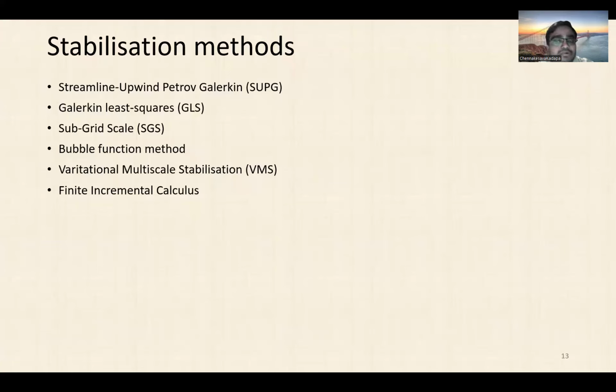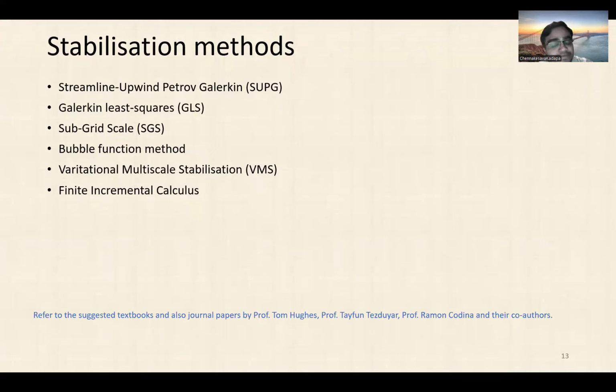You can learn more about most of these methods from the textbooks, after this lecture, after this course. For the fundamentals of the SUPG method and the Galerkin least squares method, which we cover in this lesson, please refer to the textbook I suggested, by Donea and Huerta, and also the textbook by Rajiv Jaiman.